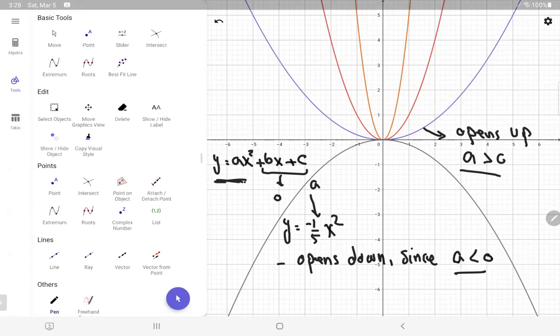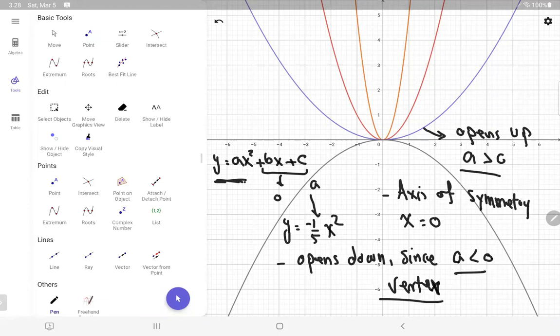But all of them have the same axis of symmetry. What is the equation of the axis of symmetry? It's x equals 0, right? What is the vertex? The vertex is (0, 0). The first 0 of the vertex refers to this.